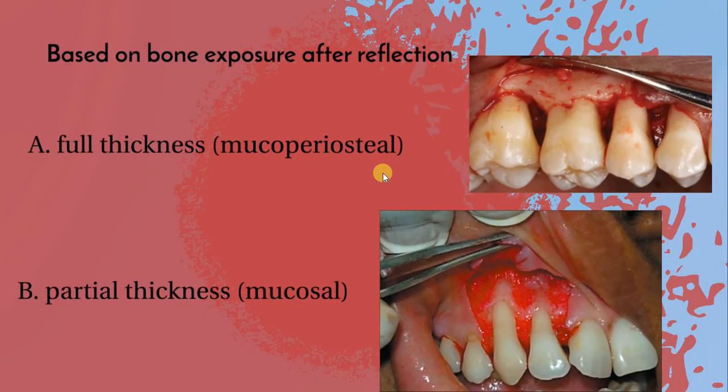Based on bone exposure after reflection, we have full thickness or mucoperiosteal, and partial thickness or mucosal. In case of full thickness, we elevate the epithelium with the connective tissue, while in partial thickness, we elevate the epithelium and part of the connective tissue.